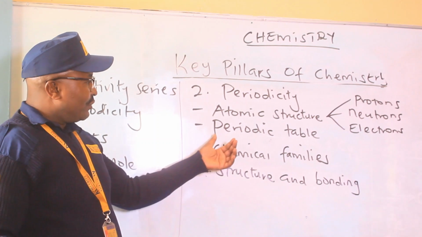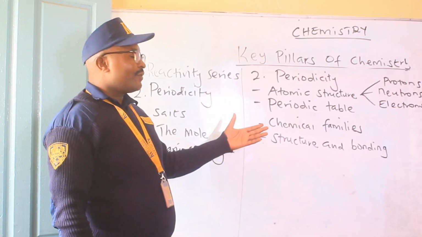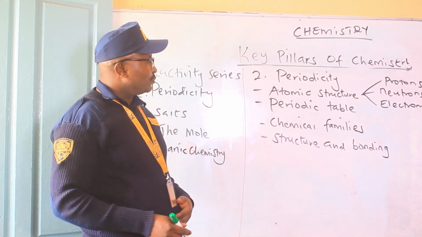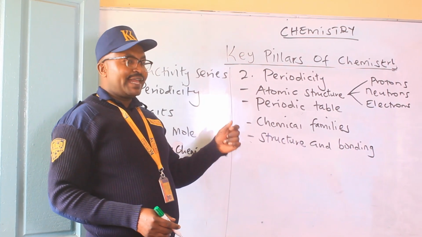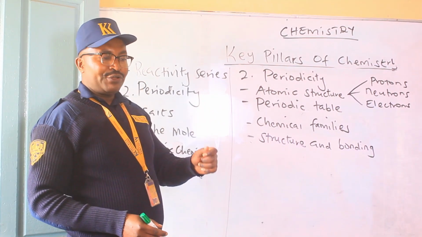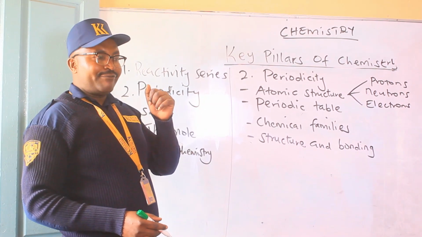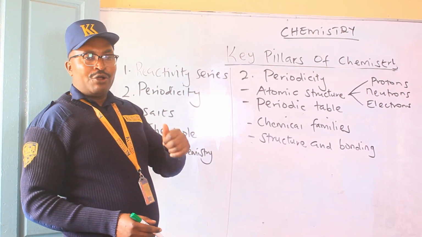Then, periodic table. This will entail being able to write the first 20 elements of the periodic table as they follow in their order.